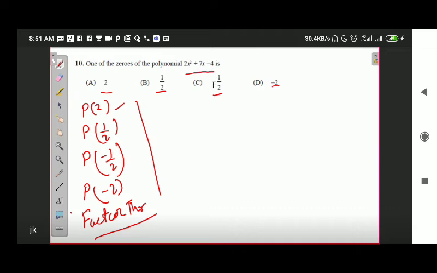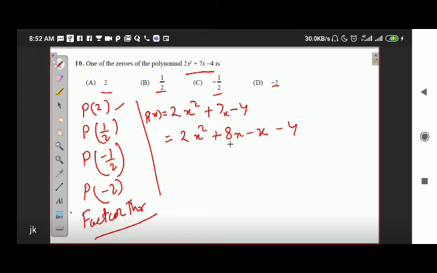We have a quadratic polynomial, 2x square plus 7x minus 4. We have a simple quadratic polynomial, so we could simply factorize. I am going with the factorization and checking which of the given is the correct option. First of all, you will multiply 2 and 4, that will be 8. 2x square plus 8x minus x minus 4.